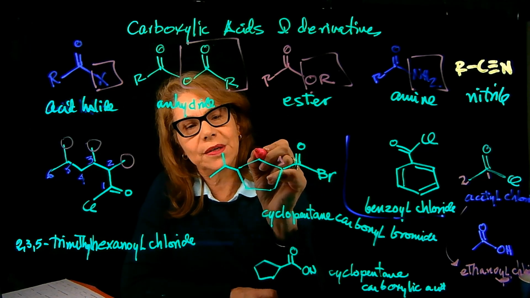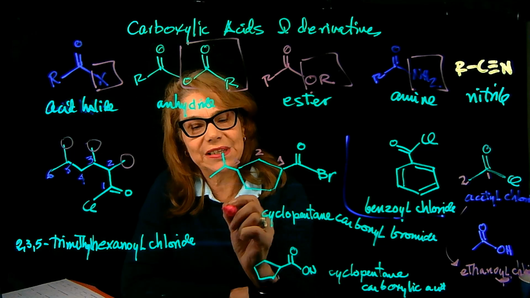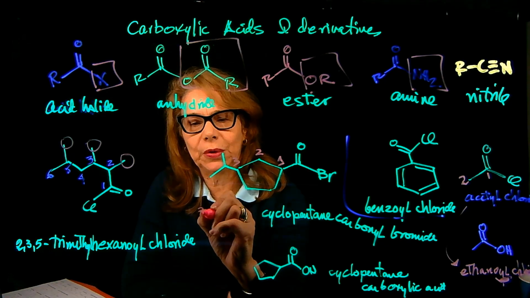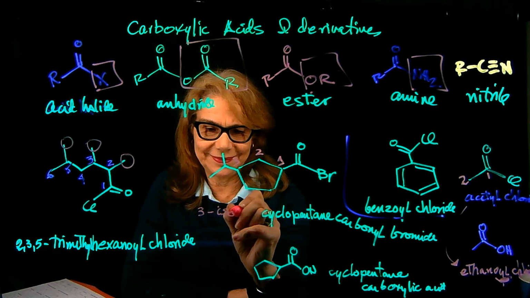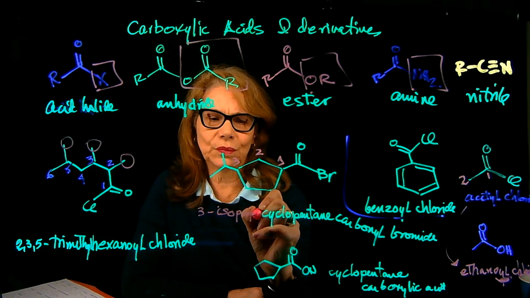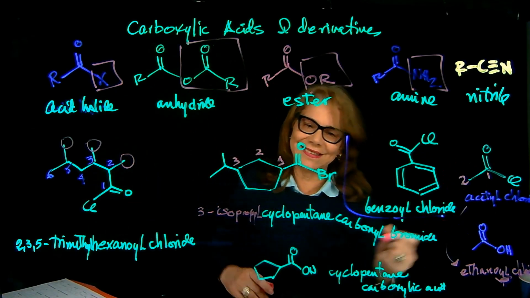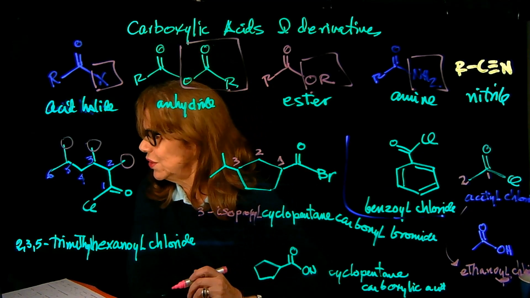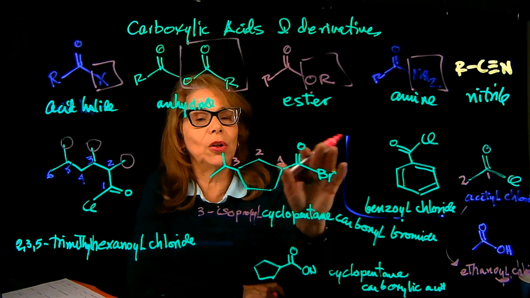So 1, 2, and 3. So this is 3-isopropylcyclopentane carbonyl bromide.